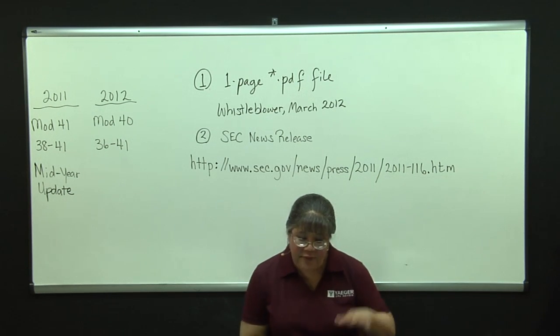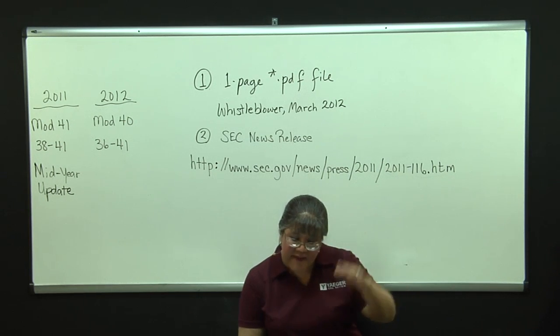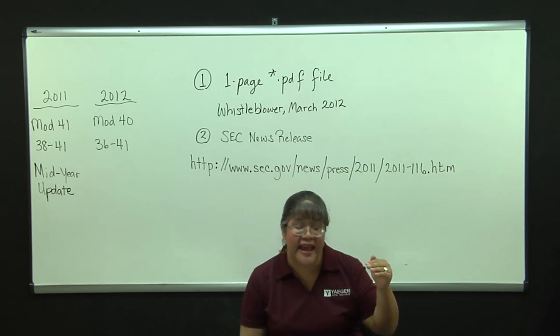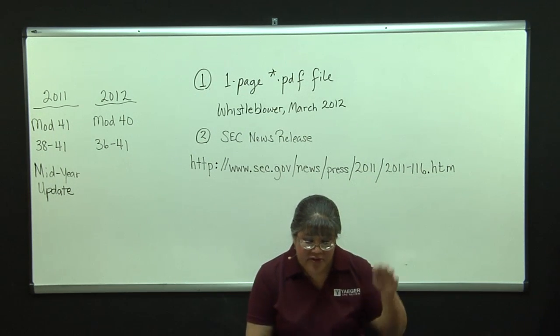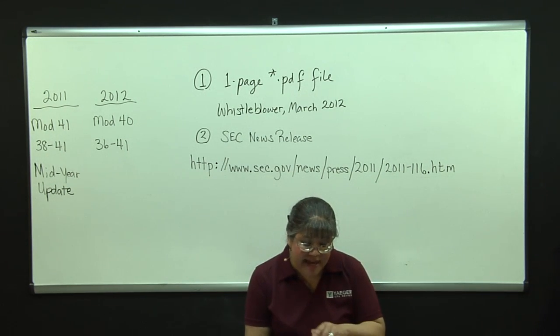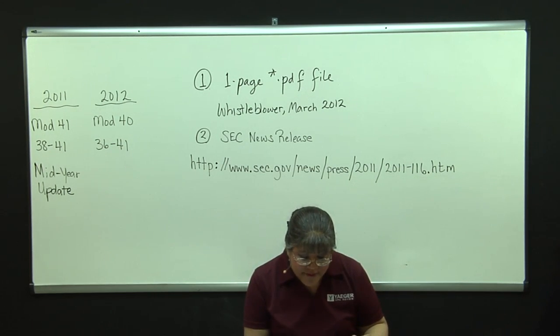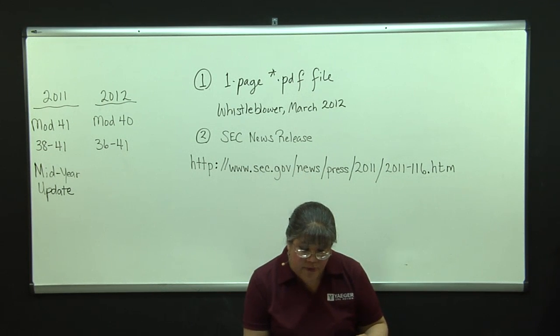And then finally, right above the supporting internal compliance programs, what we just went over on the SEC press release, it says clarifying anti-retaliation protection. I think this is important because you cannot retaliate against the whistleblower. So let's just look over that on the SEC news release. Under the rules, a whistleblower who provides information to the Commission is protected from employment retaliation if the whistleblower possesses a reasonable belief that the information he or she is providing relates to a possible securities law violation that has occurred, is ongoing, or is about to occur.